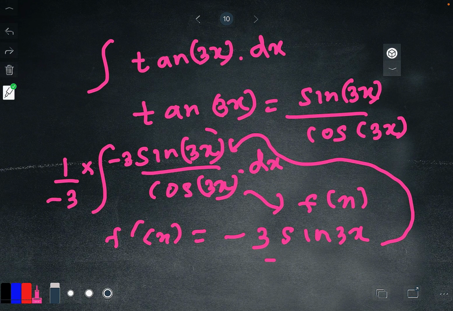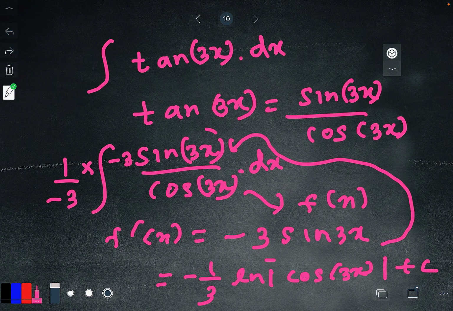So this manipulation makes the numerator the f prime of the denominator. So now we can simply write our answer: minus 1 by 3 ln modulus of cos 3x plus c.